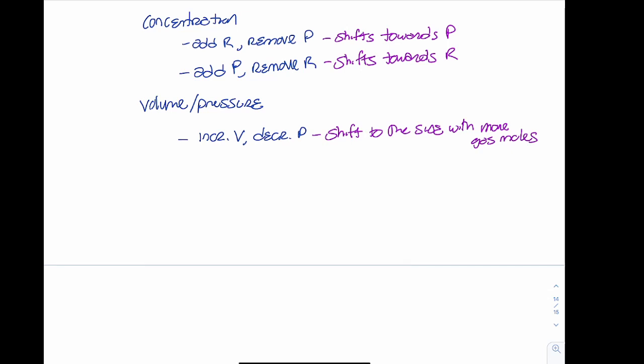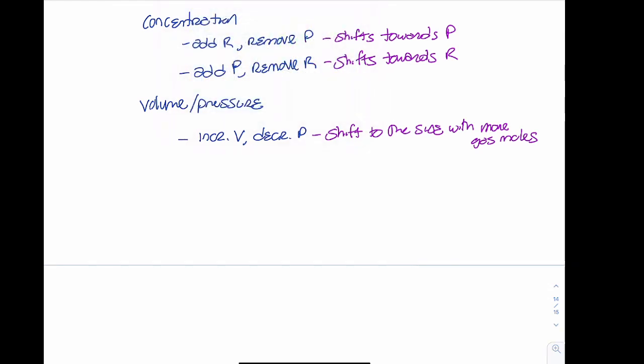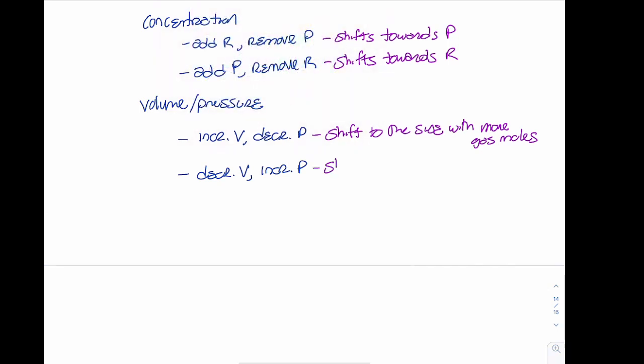Right? I have more room, I don't have enough pressure, we need to increase that pressure, so we're going to go towards the side that has more gas moles. And then opposite, if we decrease volume, increase pressure, sorry about all the abbreviating here, we're going to shift to the side with less gas moles.